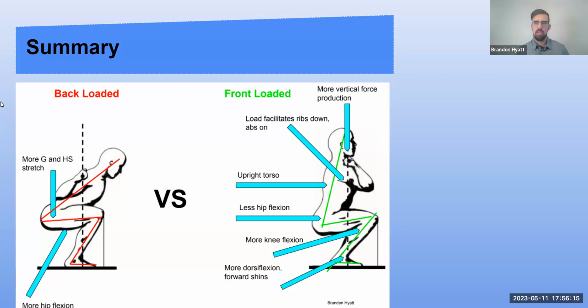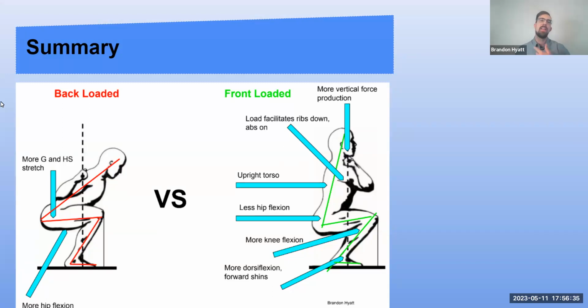There's a more upright torso for the front squat, less hip flexion, less knee flexion. And we can see kind of the opposite is true for the back squat. For the back squat, there's more glute and hamstring stretch happening because there is less knee flexion.